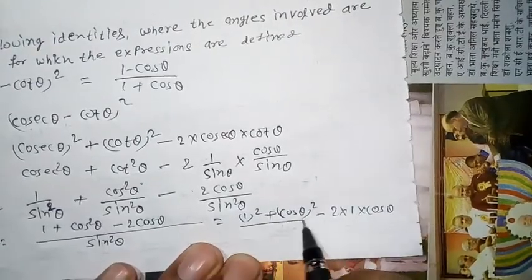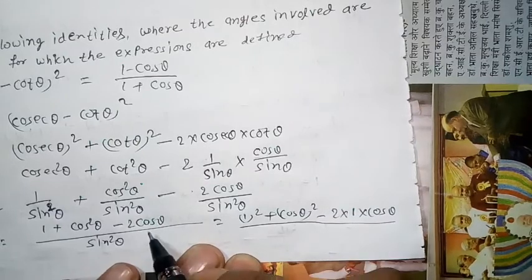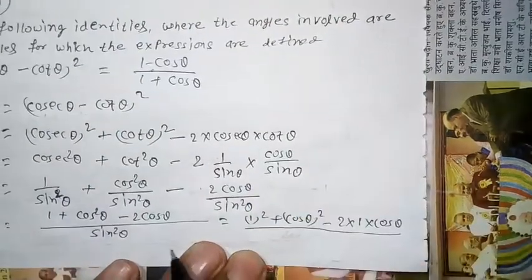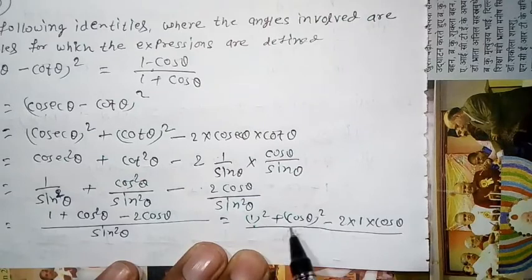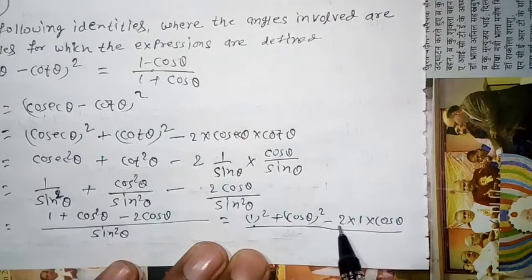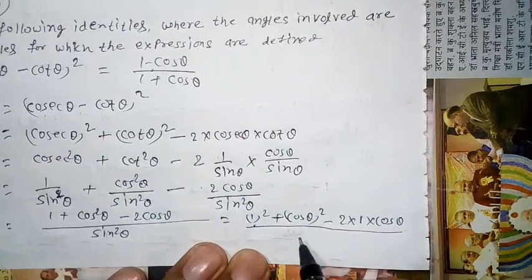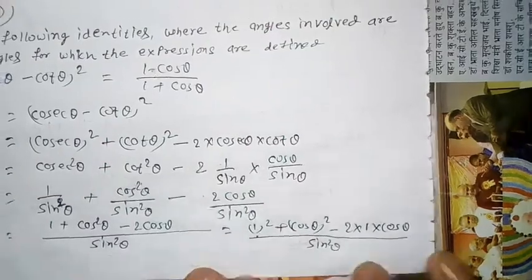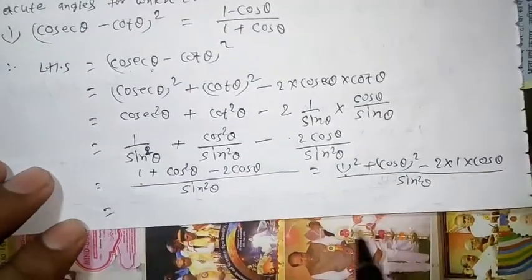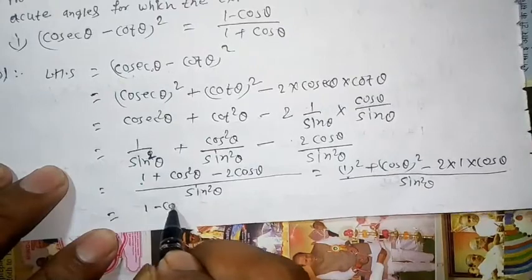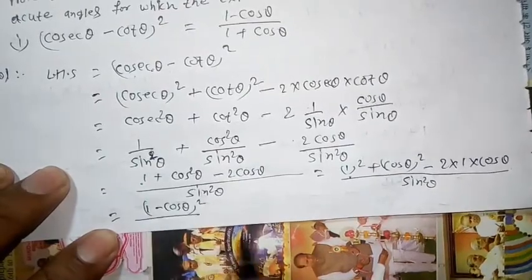If we arrange this, it is in the form 1 square plus cos theta the whole square minus 2 into 1 into cos theta, by sin square theta, which is equal to (1 minus cos theta) the whole square by sin square theta.